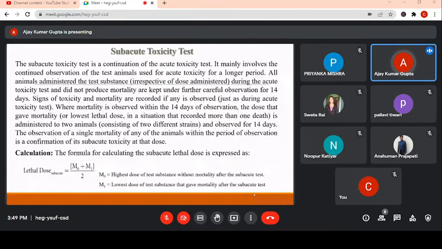So test substances are administered, and here the careful observation duration of 14 days is kept.